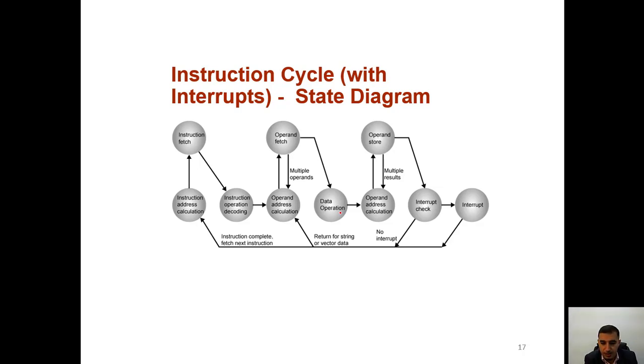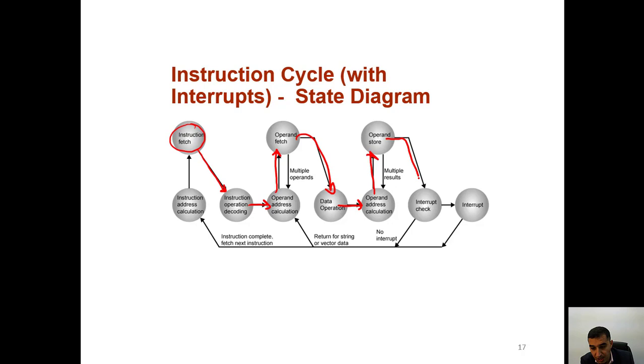Now this is the instruction cycle with interrupts. As you can see, we start at instruction fetch. After we fetch the instruction, we do decoding, calculate our operands and addresses, fetch our operands, do the execution, calculate where to store the result in the destination, and store the result, so everything is done.